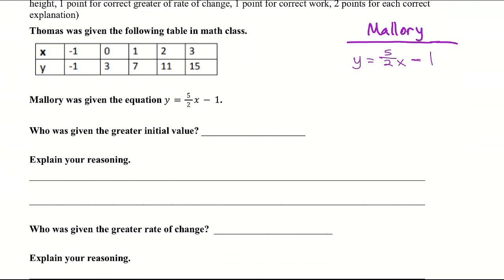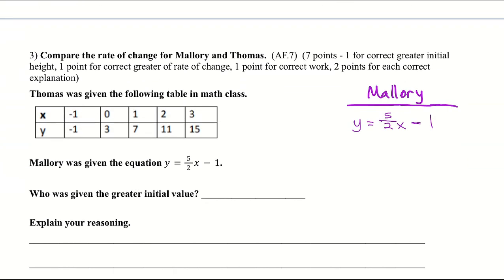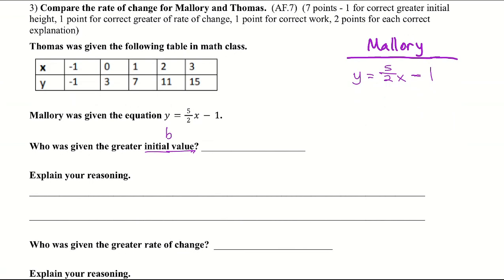We want to know what is the greater initial value and greater rate of change. So the greater initial value is your b, that's your y-intercept. The rate of change is the slope, so that's the m. In this case, your y-intercept for Mallory is -1.